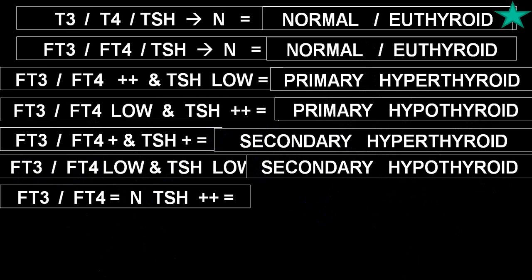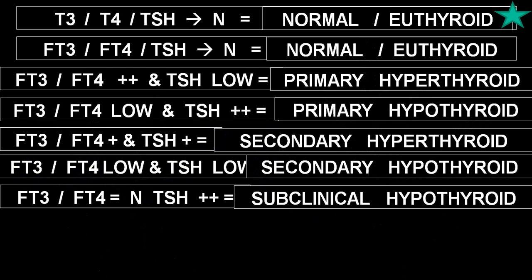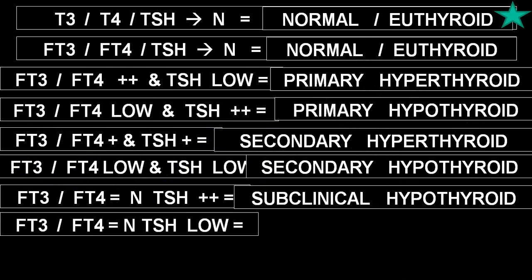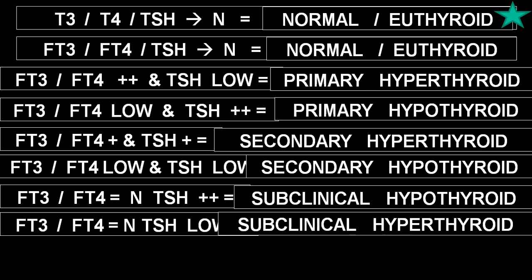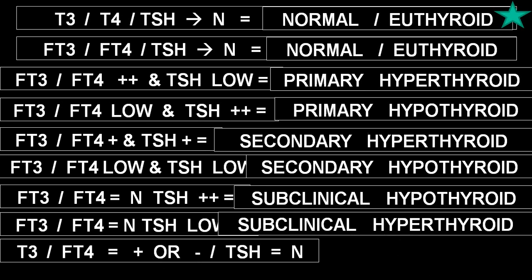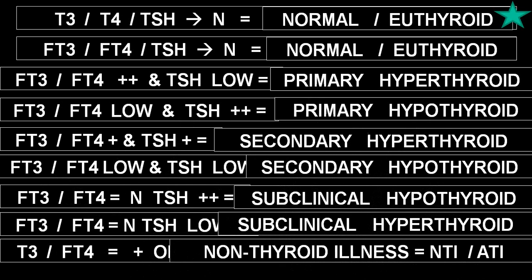If T3, T4 is normal, but TSH is abnormal, subclinical hypo, subclinical hyper. T3, T4 elevated or low, TSH is normal, non-thyroid illness, or acquired thyroid illness.